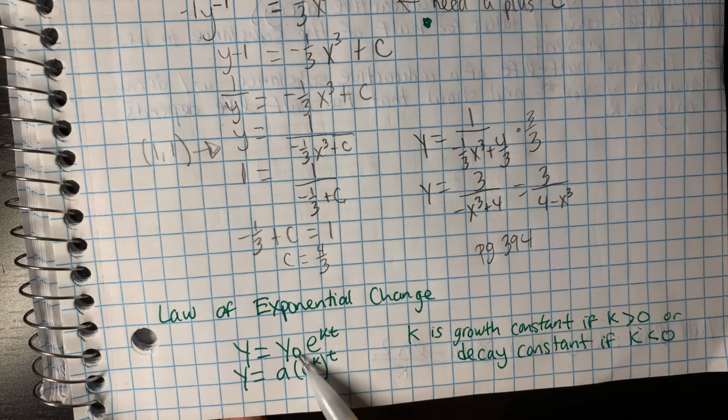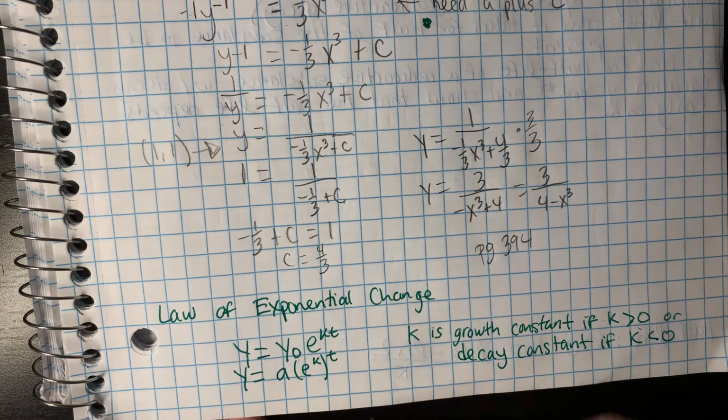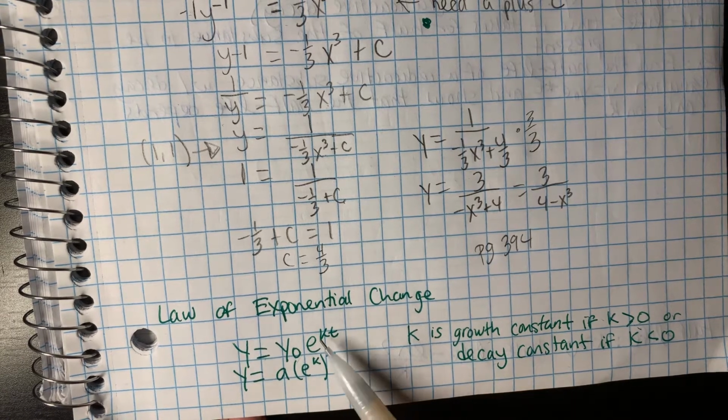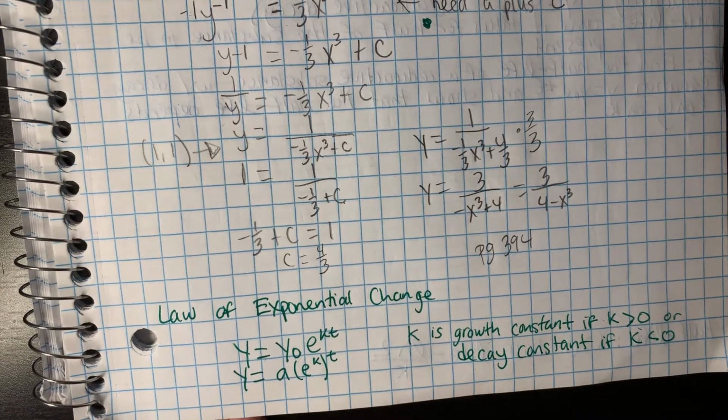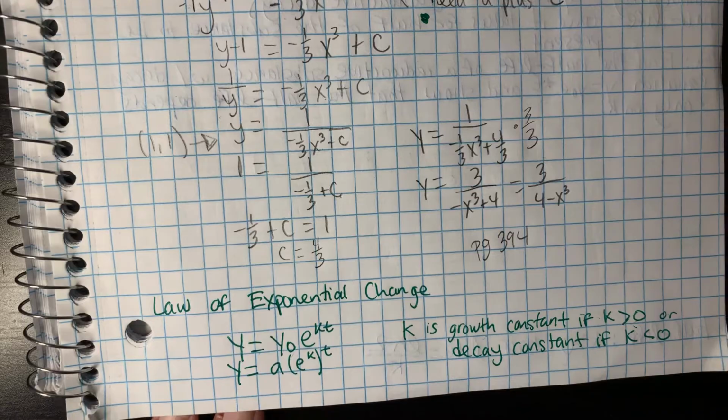y0 is going to be your initial value, and t will be your time, and then k is going to be your growth constant. So this is something we're going to start using in our problems, the law of exponential change. All right.